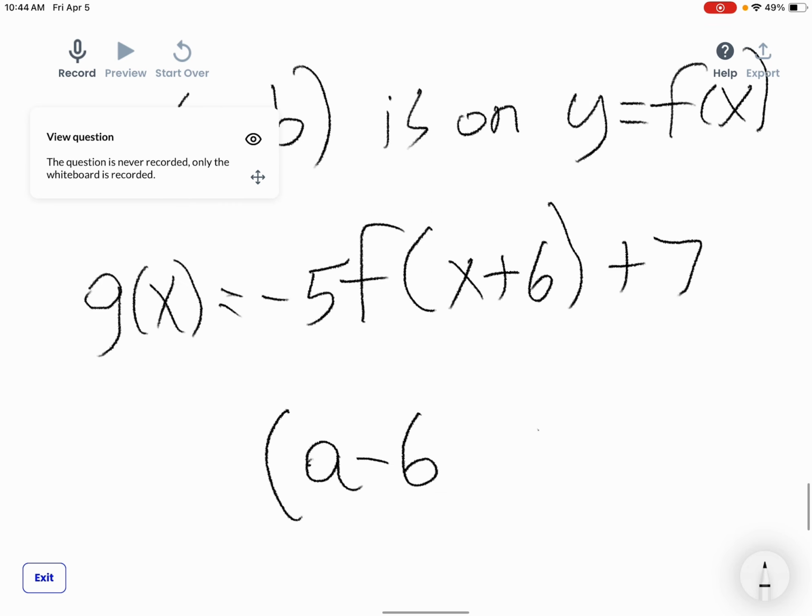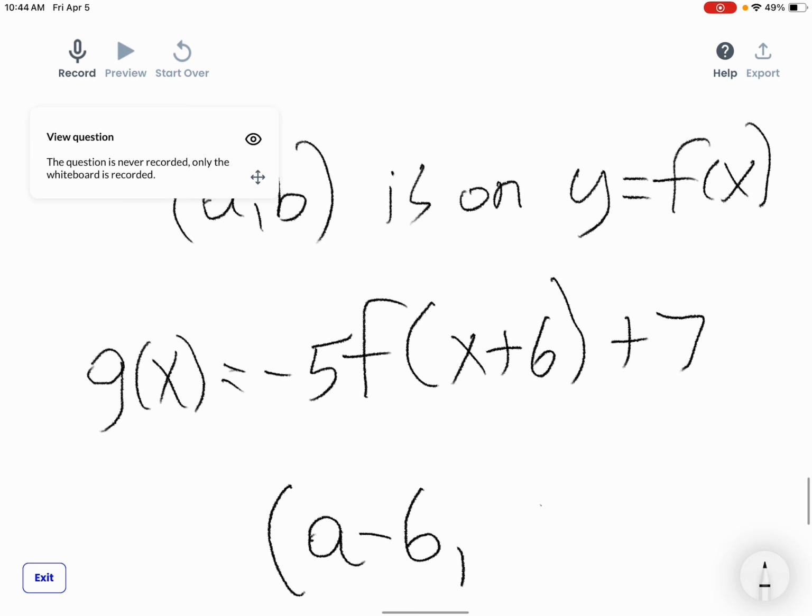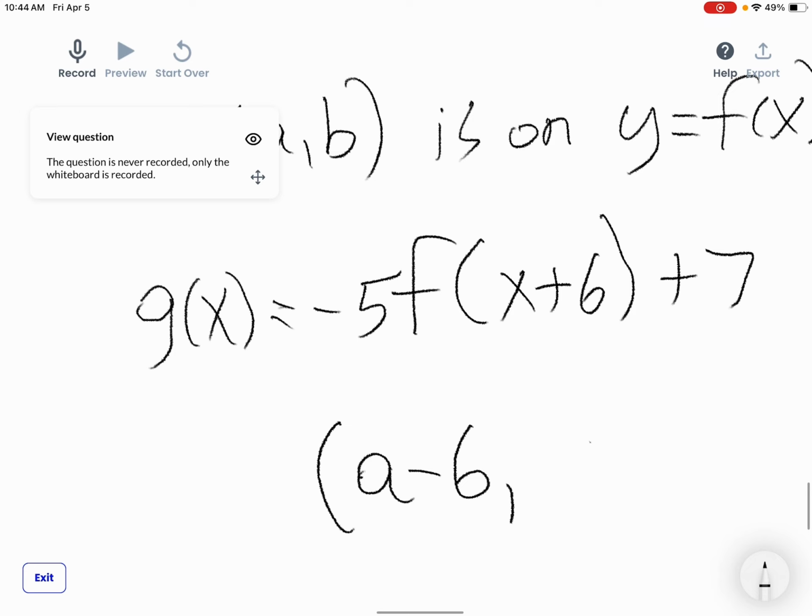And then where does y go? Well, y is B. Everything outside affects the y value. So we're going to be basically multiplying by 5, stretching it, but then reflecting it. So it goes to the negative value and then plus 7. So you're just going to take -5 times B and then add 7. So B is going to go to -5B plus 7.